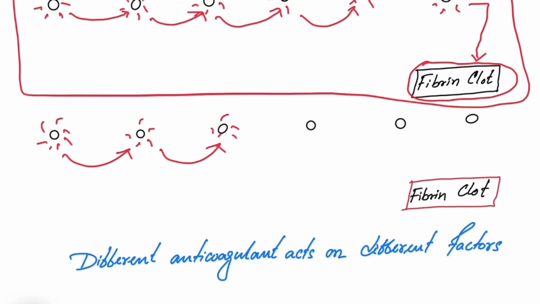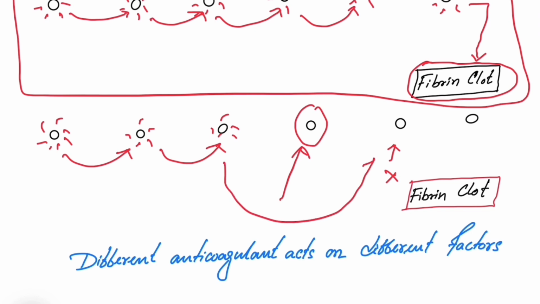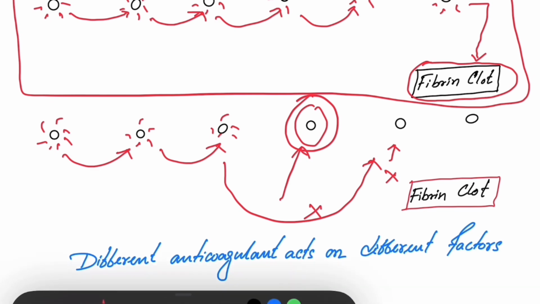But suppose the anticoagulant acts on this factor, it will make this factor unavailable. The factor is no more in the blood. So when the previous factor is activated, it can activate only the next factor, not this one, so it cannot activate the following factor by bypassing this one.